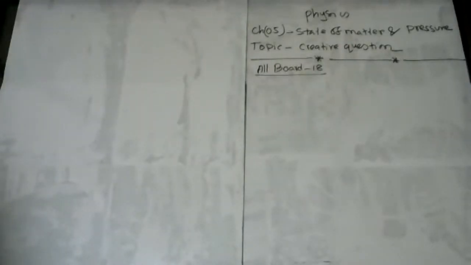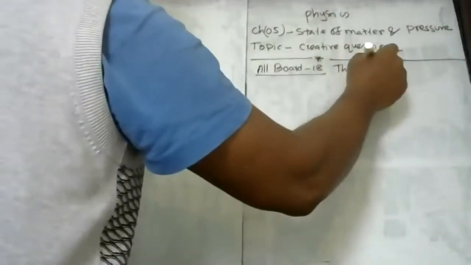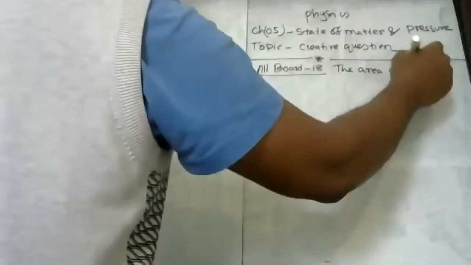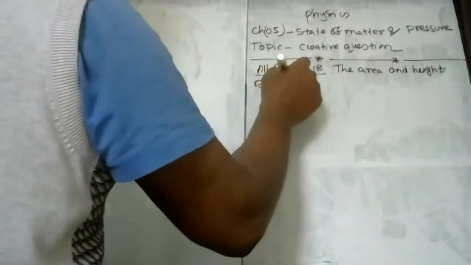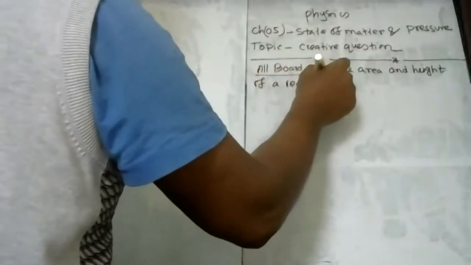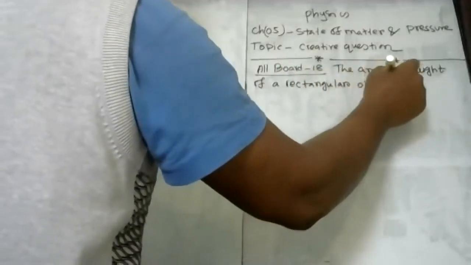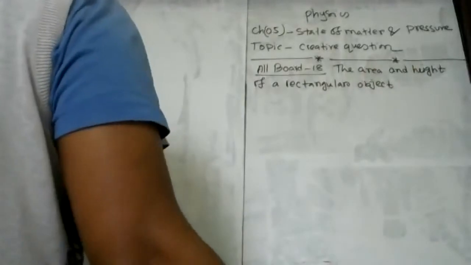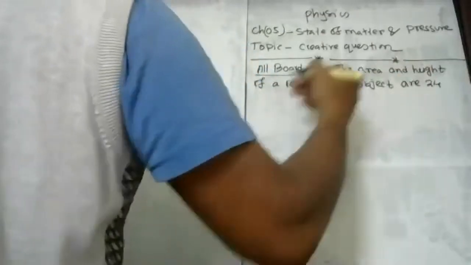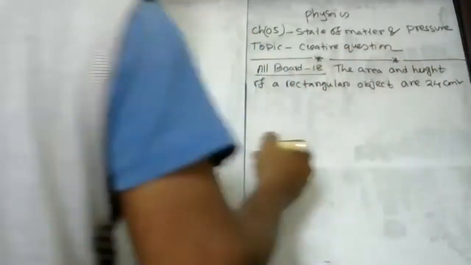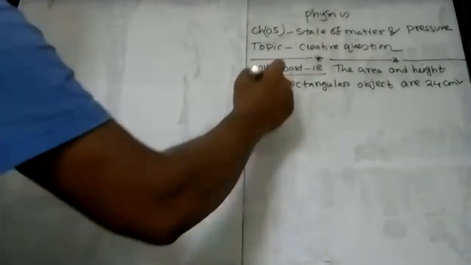The area and height of a rectangular object are 24 centimeters square and 3 centimeters respectively.